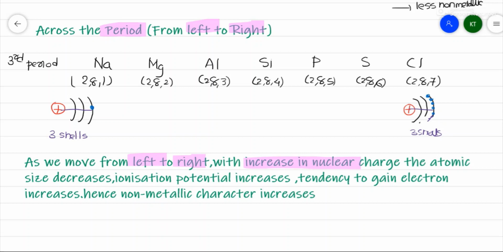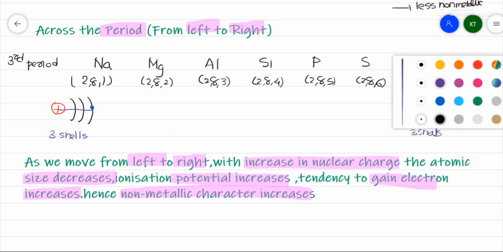So nuclear charge increases, the size of an atom decreases. Ionization potential will increase because the size of the atom is smaller, the electrons will be tightly held. As a result, my tendency to gain electron will increase. Hence non-metallic character increases.